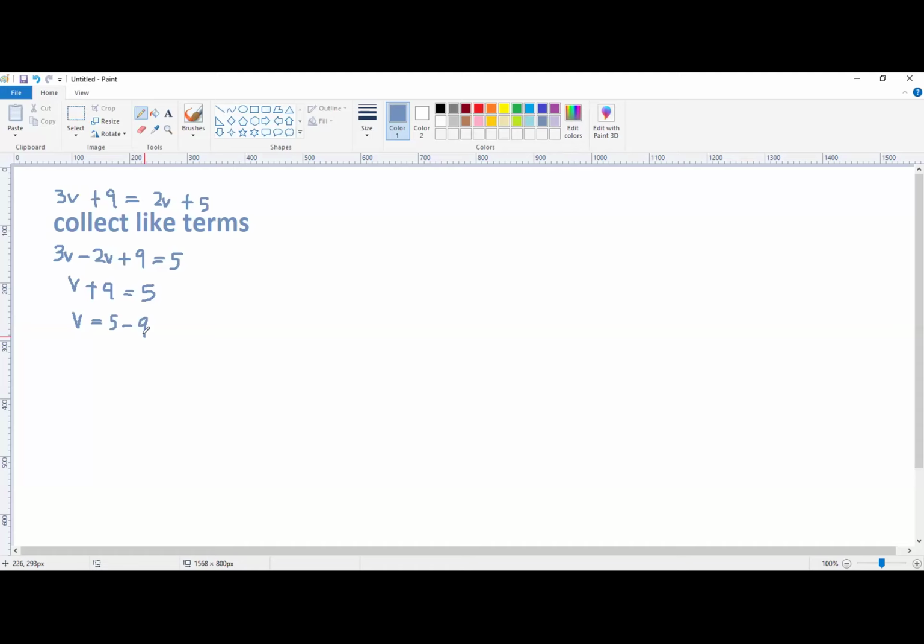If you have a small number minus a big number, it's just as good as the big number minus the small number, but with a negative sign in front of it. That's it. So that would be easier for you to remember.